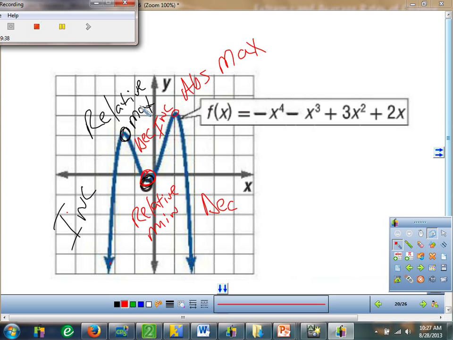When we're talking about relative, we're talking about a max or a min for the part we were looking at, but it wasn't the ultimate one. Whereas this was the ultimate. This is as high as the graph will ever be. There is no absolute minimum here because we're going off in these directions. Remember when I told you the only thing that matters for end behavior is the power and then if it's reflected or not.